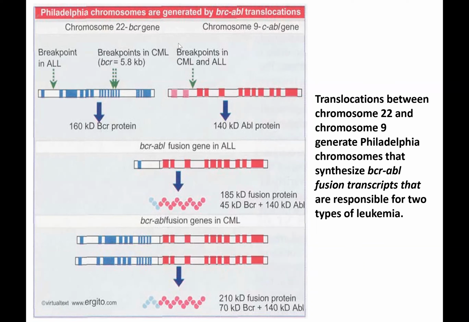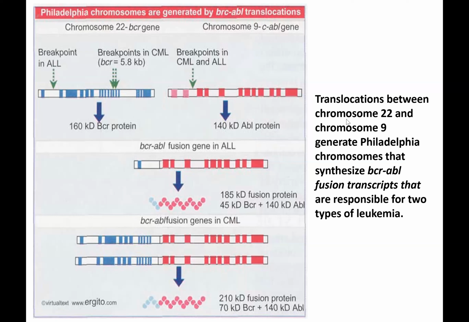When the translocation takes place between chromosome 22 and chromosome 9 among these regions, it leads to the generation of these two kinds of situations. This was first seen in a patient in Philadelphia, so this arrangement is also known as the Philadelphia chromosome.